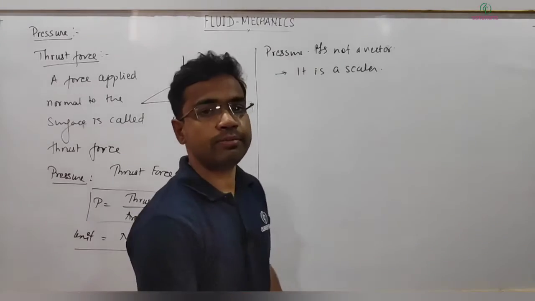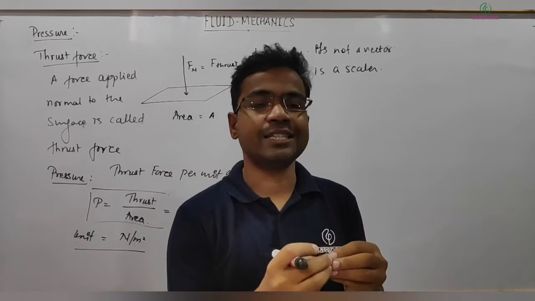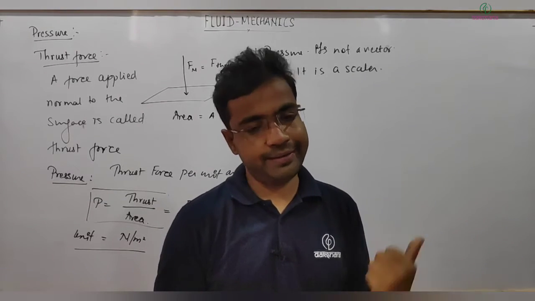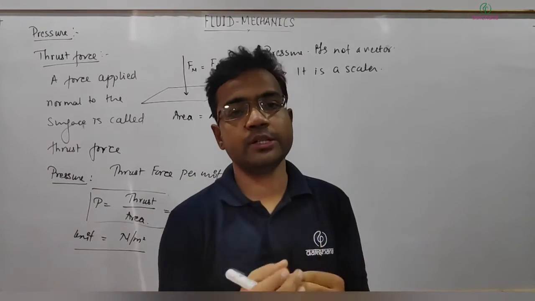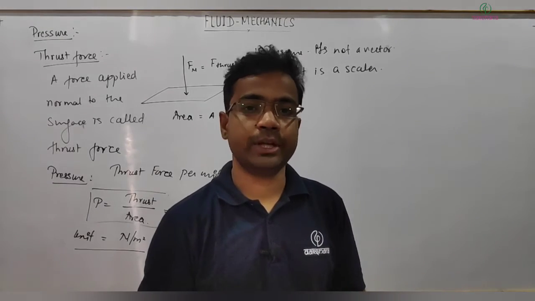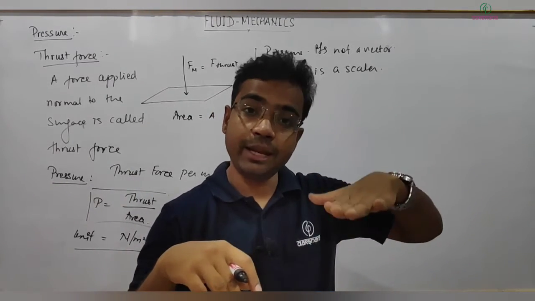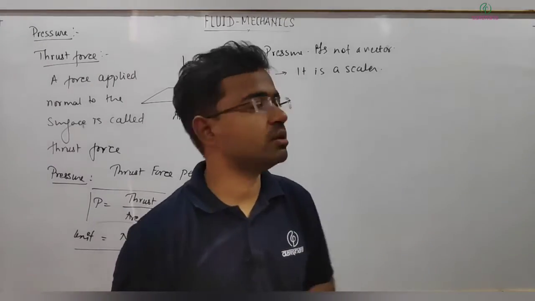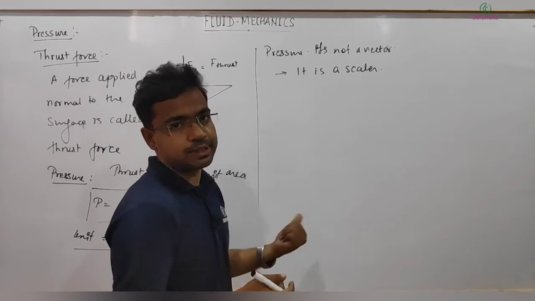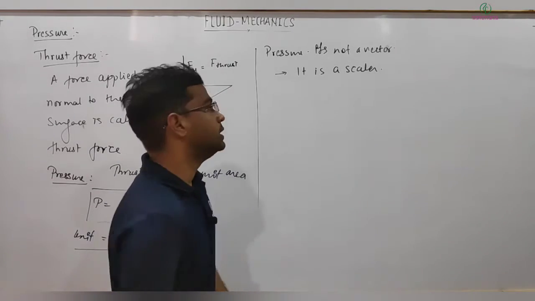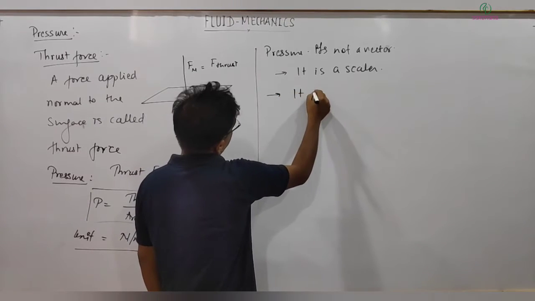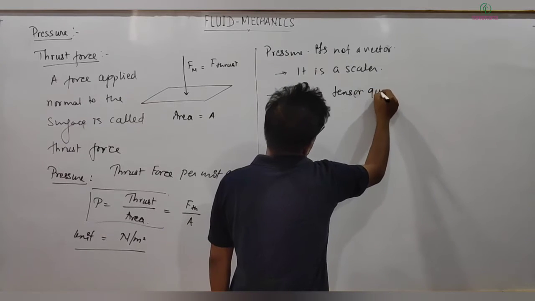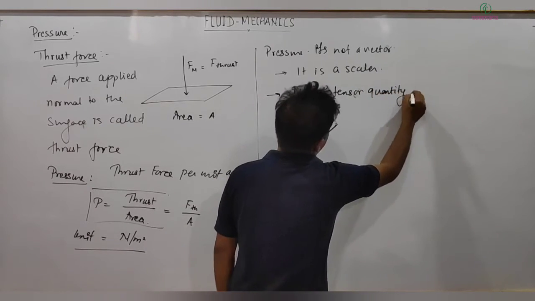And in the case of fluid, if pressure is applied, it transmits equally in all directions at any point inside the fluid. I will tell you about those properties of pressure. So because of that, if it is asked whether pressure is a scalar or vector, it is also sometimes called a tensor quantity.